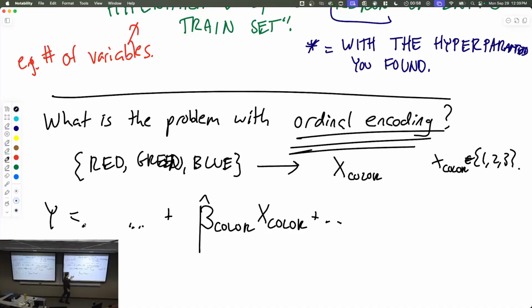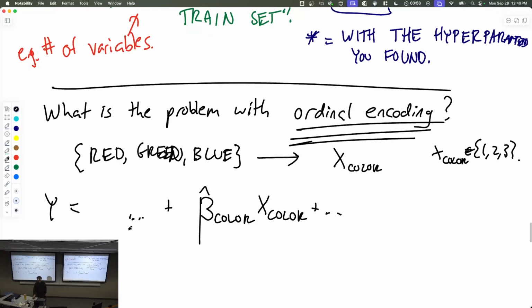Then in linear regression, you find the right coefficient and you multiply it by X color, and that is it. So that's what we've done so far. So why is it a problem? Who can tell me why this is a problem? Yeah. Unless there actually is an effect where somehow you've guessed an order right, you are converting information into noise.